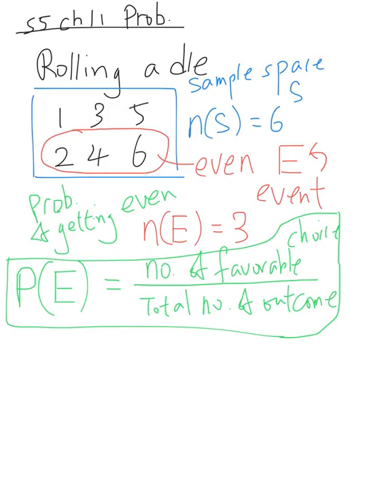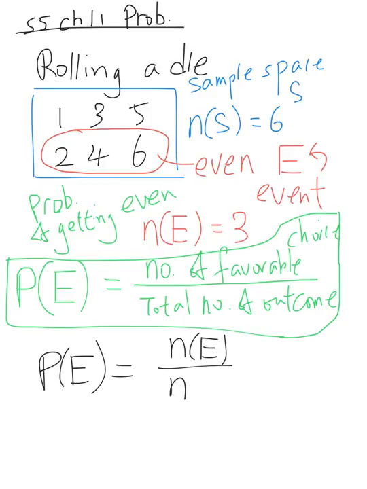If we change the formula, the meaning is the same. The probability of getting an even number is equal to the number of choices of getting an even number over the number of choices in this sample space, which is 3 over 6, equal to 1 over 2. Now, this is quite obvious, but later on, when we talk about very difficult probability, we always need to know the sample space.